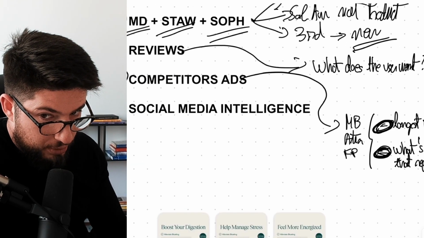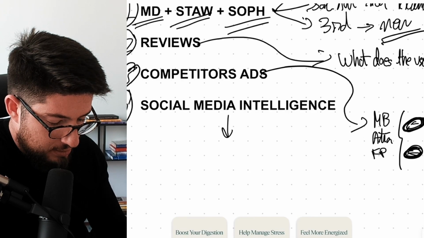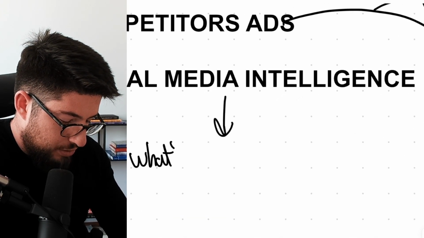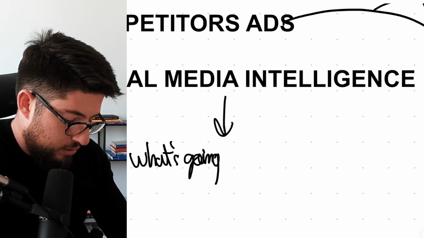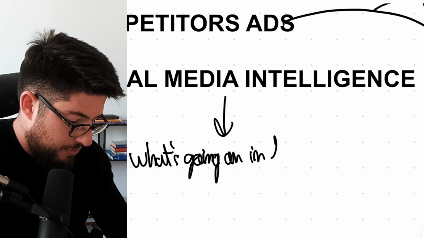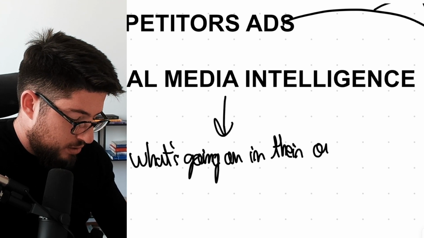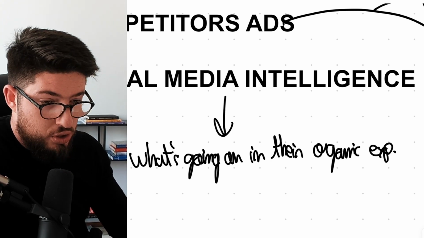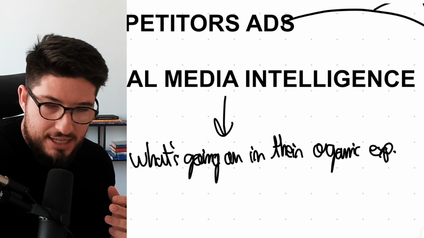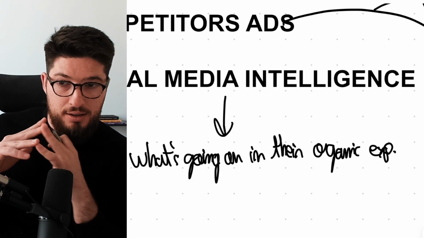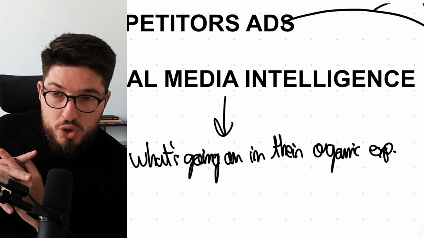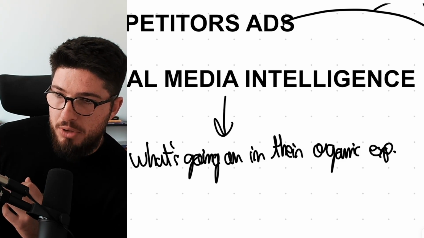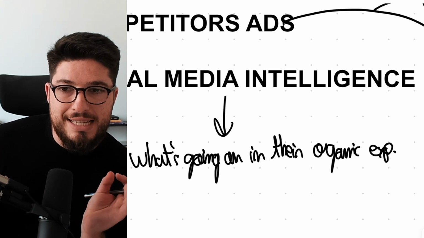And then the fourth point, social media intelligence. You have to understand what's going on in their organic experience. Essentially you have to blend into the organic experience. So you have to think, when my target user goes into Instagram, what do they do and what do they see?